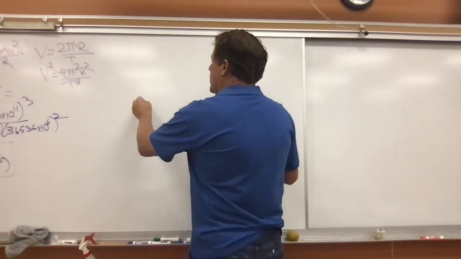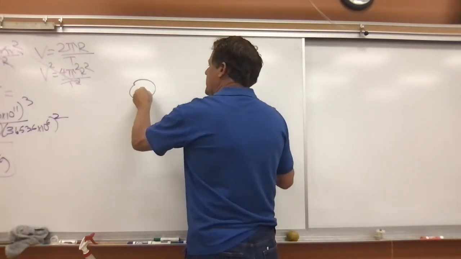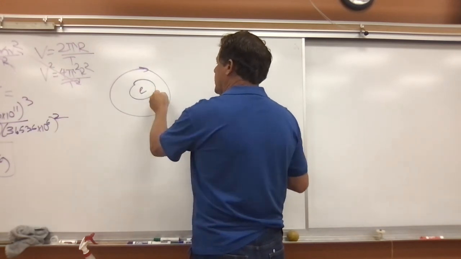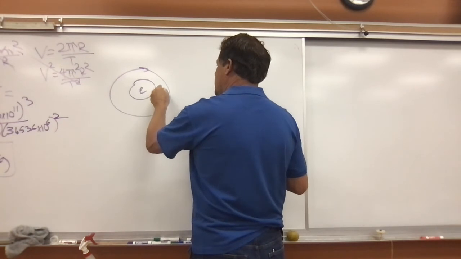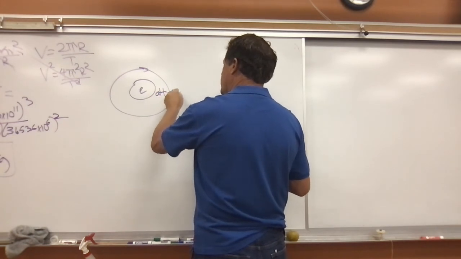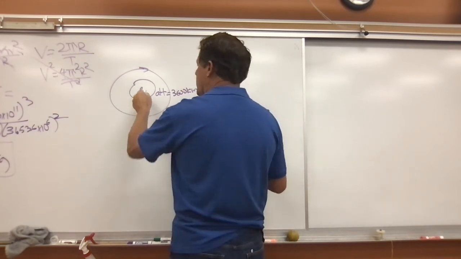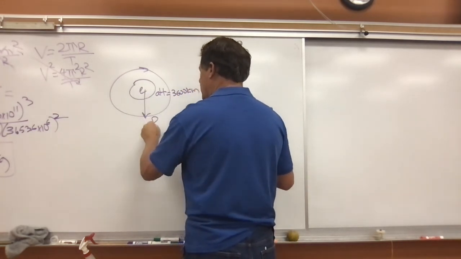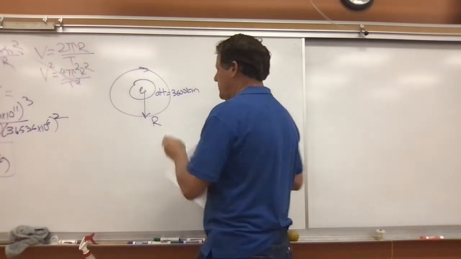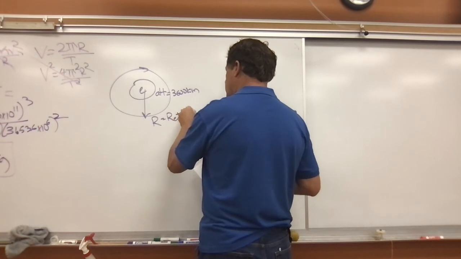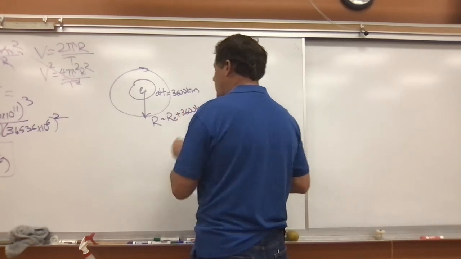Here this is the Earth, and this satellite is orbiting here, and this altitude is 3,600 kilometers. But remember, our orbital radius is the radius of the Earth plus 3,600 kilometers.